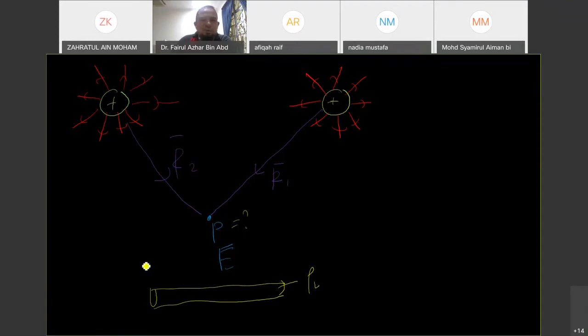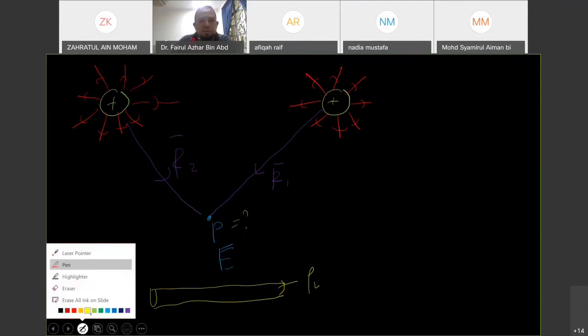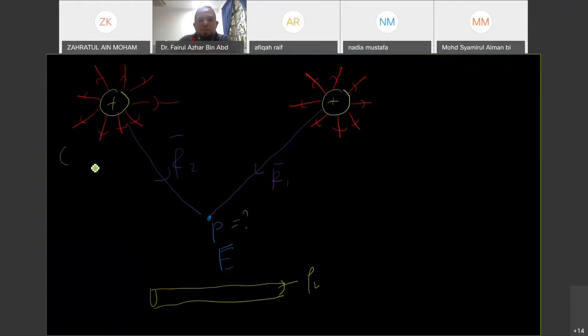So maybe this is a sample of example questions. So maybe this is the coordinate given for this question. So maybe x1, y1, z1 for example. So this one maybe x2, y2, z2 for example. So maybe we will be given the rho L in terms of some expression, full information.